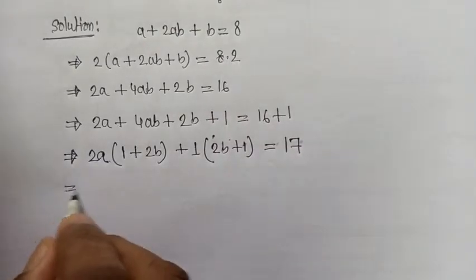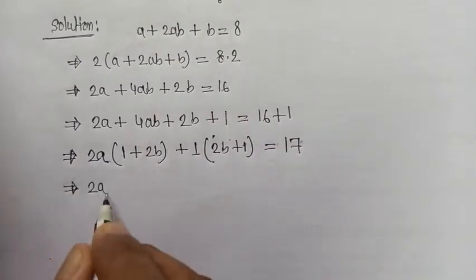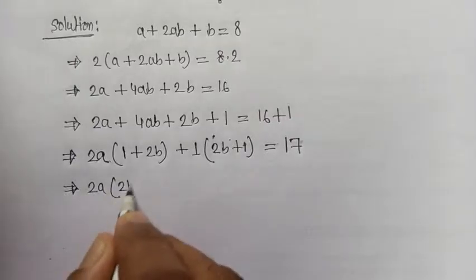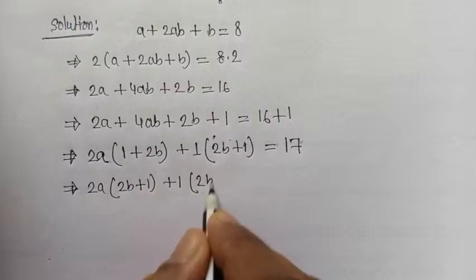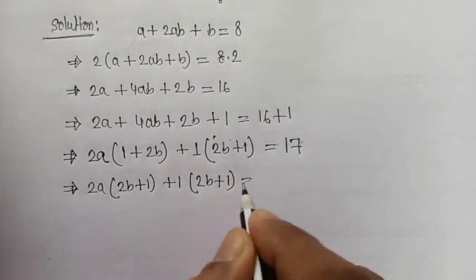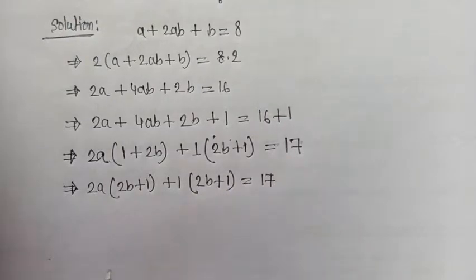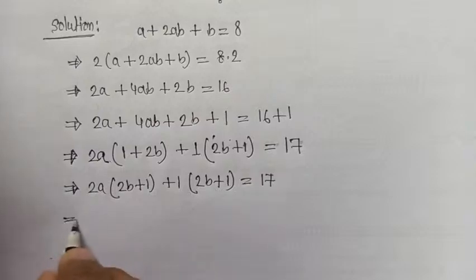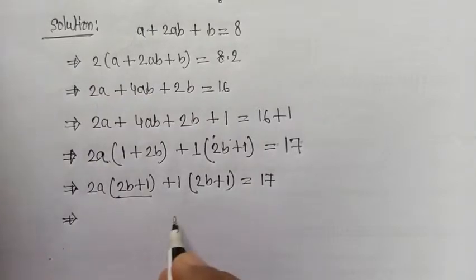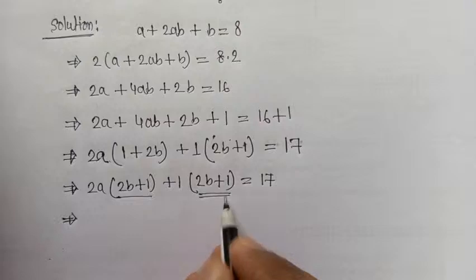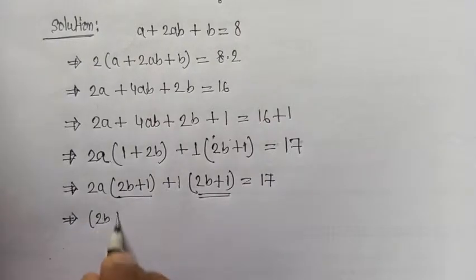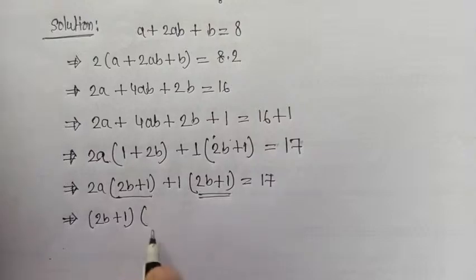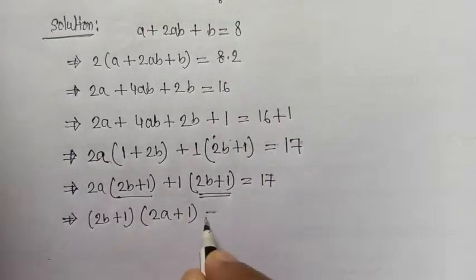Now we can write this as 2a times 2b plus 1 plus 1 times 2b plus 1 equals to 17. Now on both sides we get 2b plus 1, so we are going to take 2b plus 1 common, so the rest part will be 2a plus 1, equal to 17.